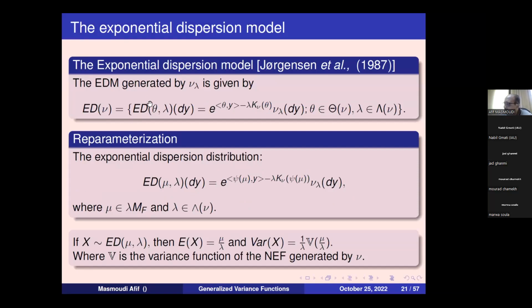If F is a natural exponential family, we have the parameter theta, and we added the second parameter, the Jorgensen parameter. So we obtain two parameters, theta and lambda.